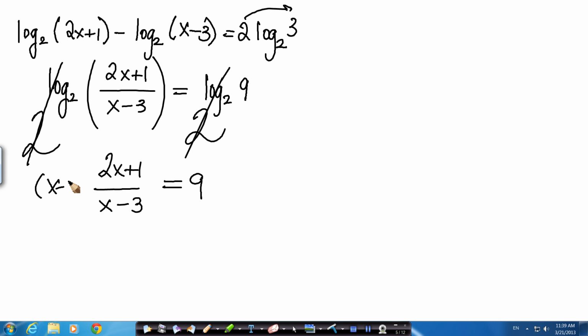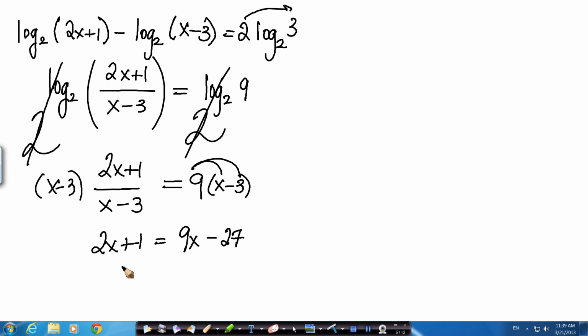Multiply both sides by x minus 3. And we are left with 2x plus 1 equals 9x minus 27. So 2x minus 9x equals negative 27 minus 1.